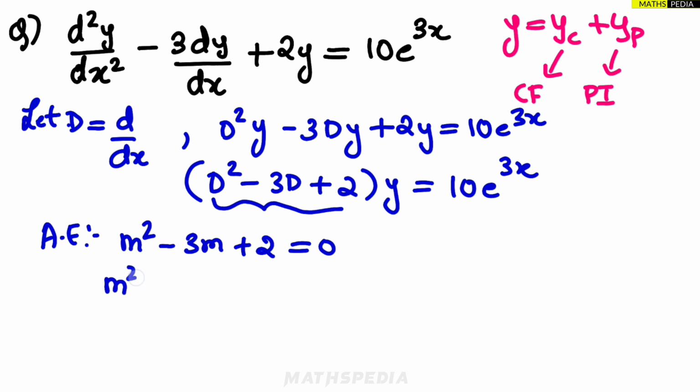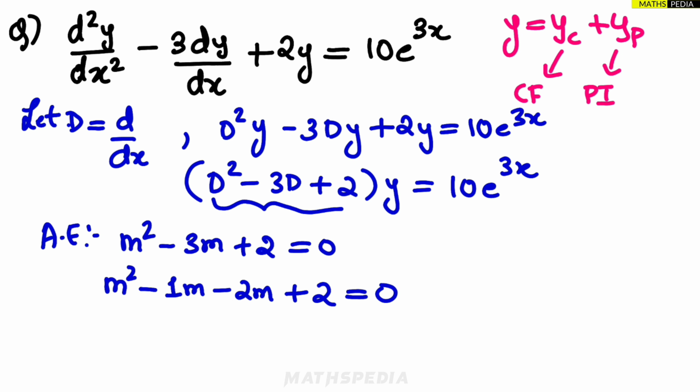So m square minus 1m minus 2m plus 2 is equal to 0, splitting our middle term. Now minus 1 into minus 2 is plus 2. Yes, I got it. Minus 1 minus 2, when you add, you get minus 3. That is also fine.